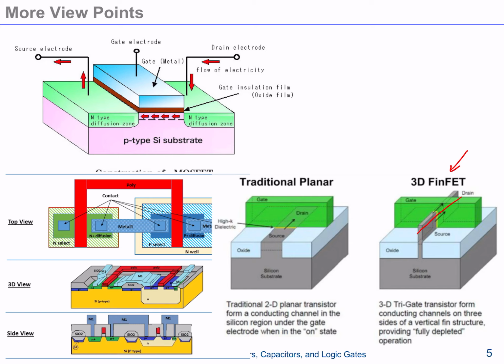In traditional planar devices, the gate is right here, on the left-hand side, just sitting on top. Now the gate is wrapping around the channel, which is like a fin, so it's controlled better, and when we want to shut it off, it's shut off. So that's how it goes.